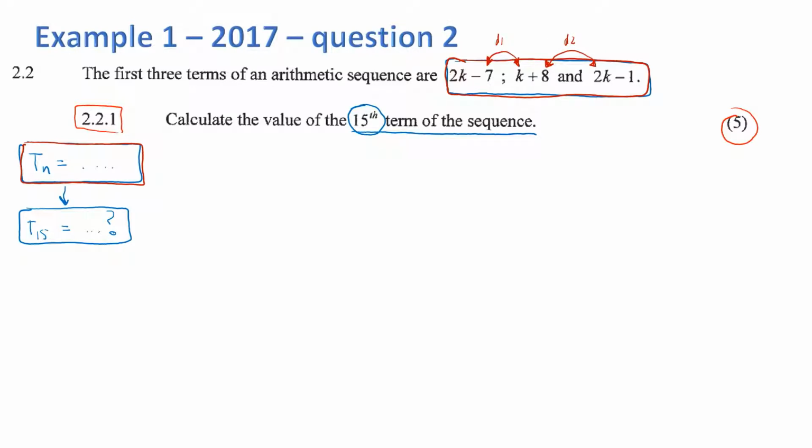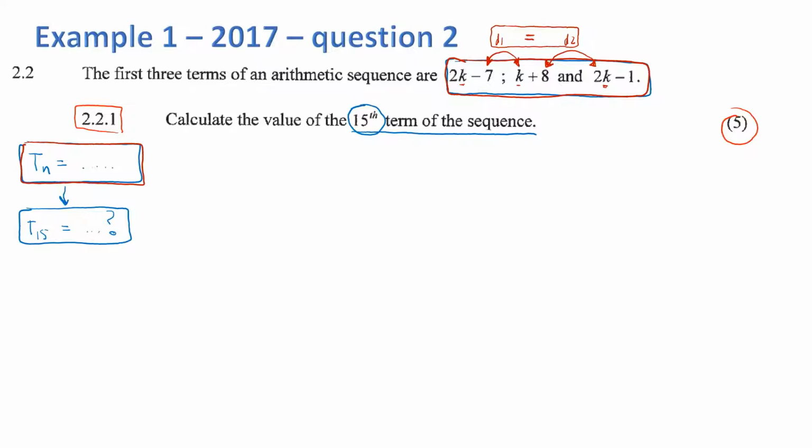Another thing is we know that these differences should be equal, right? And because we have this neat property, we can solve for this unknown k. So that'll be a good place to start, to first get a handle on what k might be.